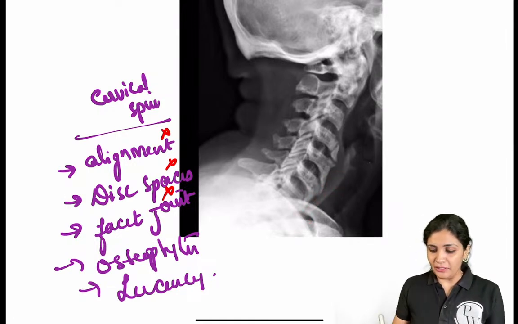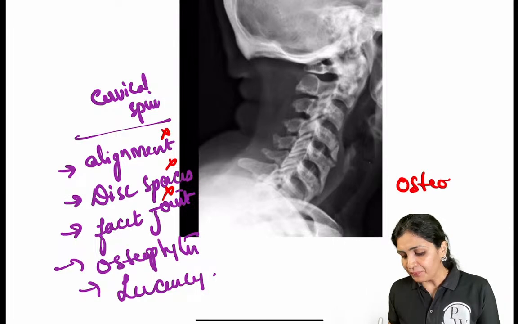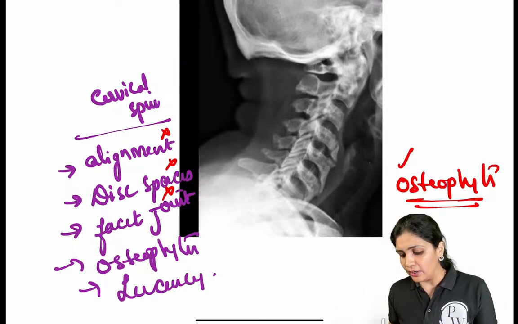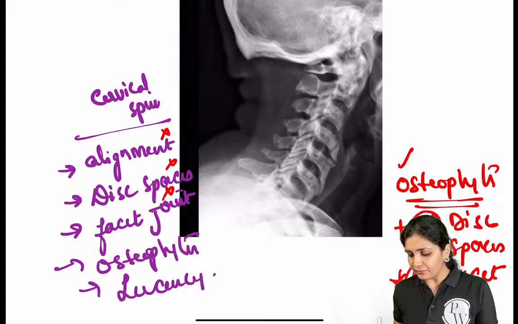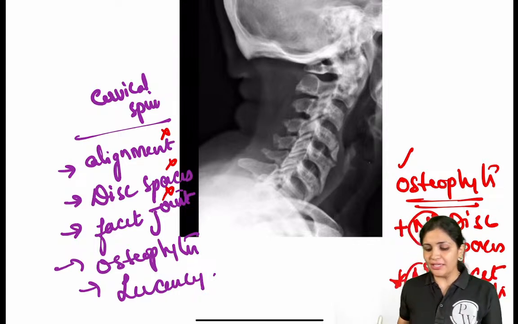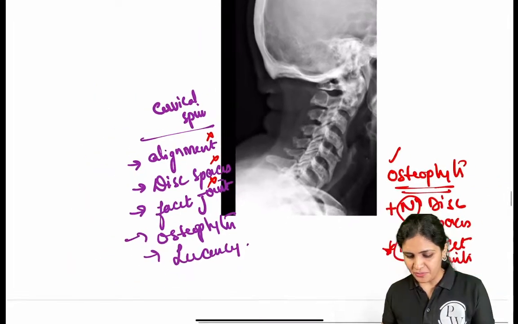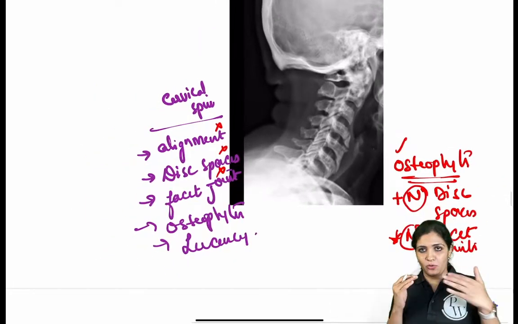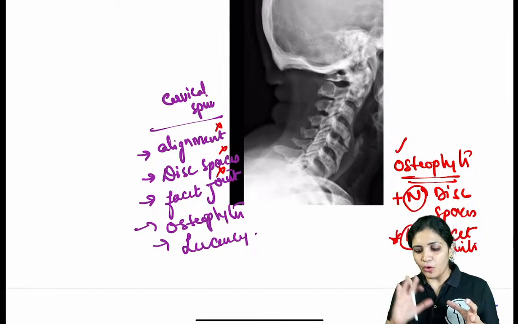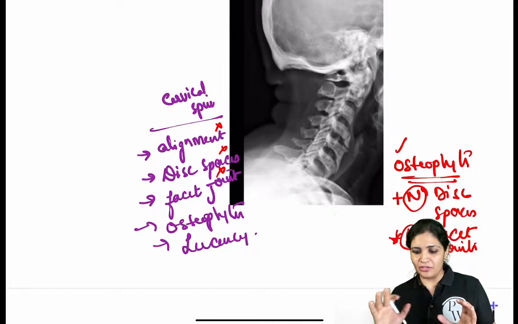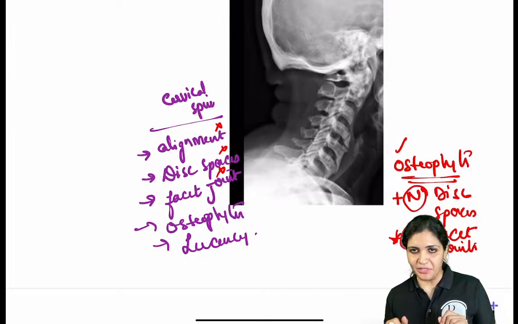These osteophytes are present in relation with normal disc spaces. The facet joints are normal, but you see there is some amount of osteophytes present here. To call it osteoporosis, there would be lucency, but the bone mass is maintained. There is no abnormality in any part of the vertebral body.